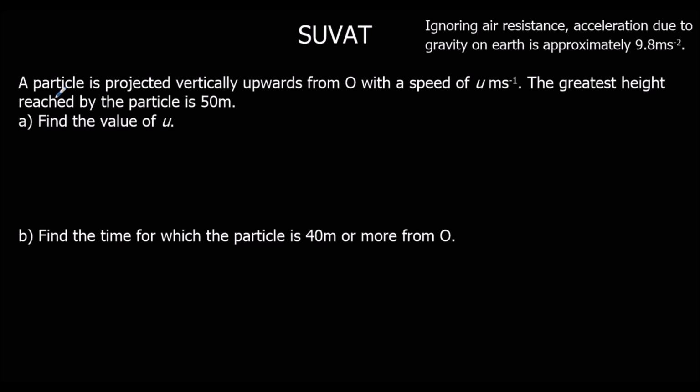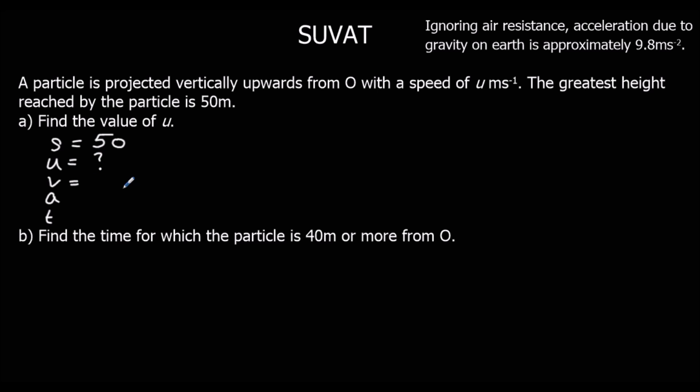So a particle is projected vertically upwards with a speed u. The greatest height reached is 50. Find the value of u. So what do we know? We know it's gone up 50, so displacement is positive 50. We're working out u.